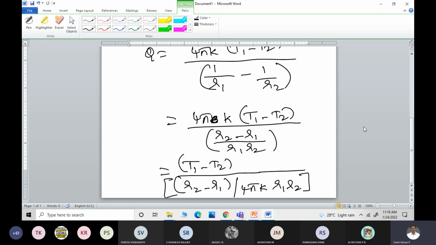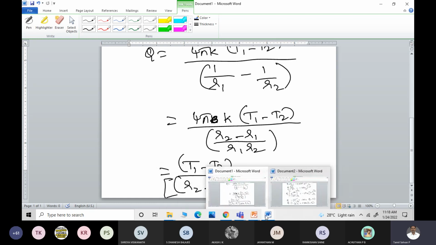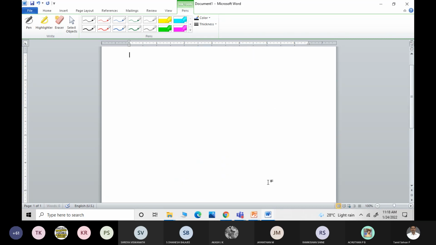Now you may ask a question: sir, what happens if inside you have a liquid at high temperature or low temperature, and outside you have surrounding air? Then you will have the convective resistance also, right? For example, assume that you have a sphere.